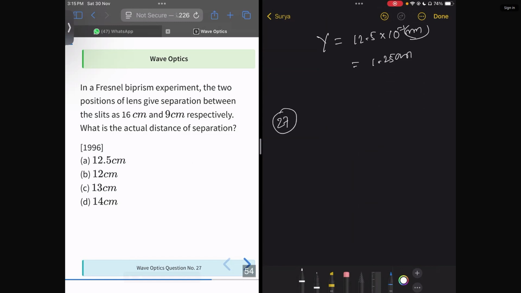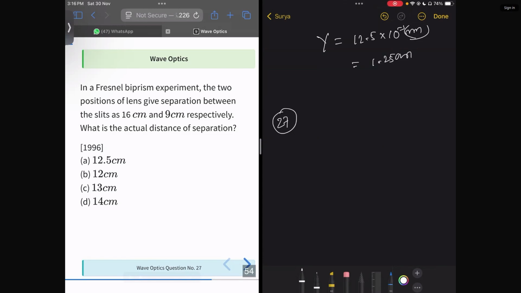Question 27. In a Fresnel biprism experiment, two positions of the lens give separations of the slits as 16 centimeters and 9 centimeters. What will be the actual distance of separation?